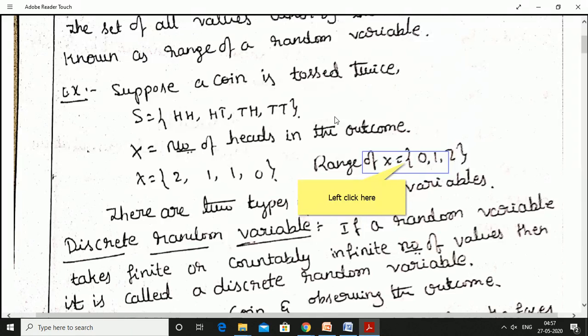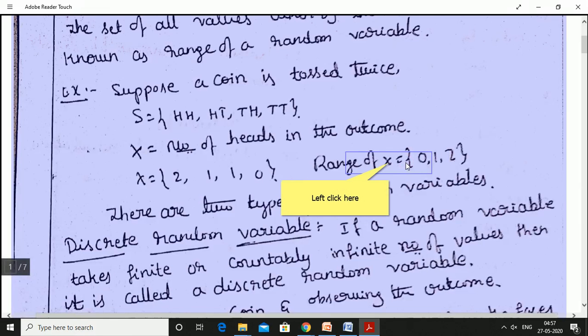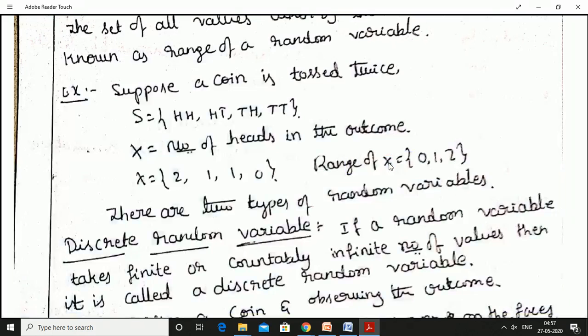Range of x is equal to 0, 1, 2. For each value taken by this discrete random variable x, we can assign a real number p of x such that p of x is always greater than or equal to 0, and summation of p of x from i is equal to 1 to n, in this case, it is i is equal to 1 to 3, is equal to 1.